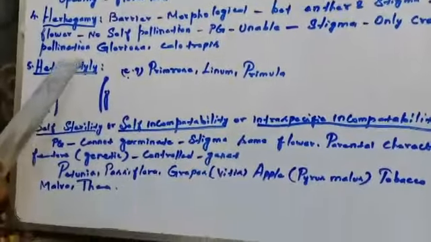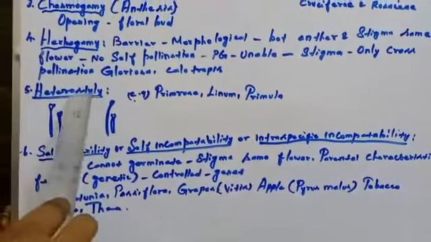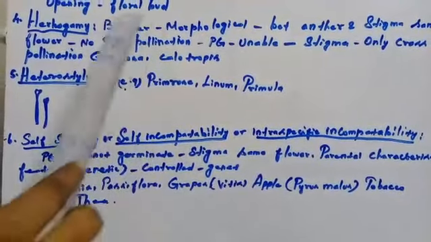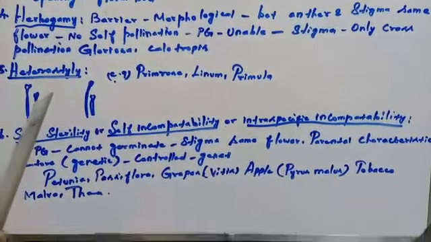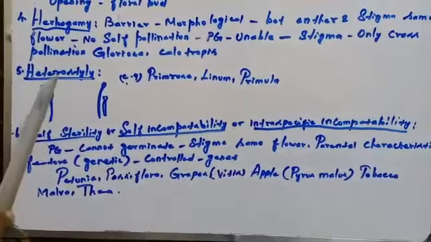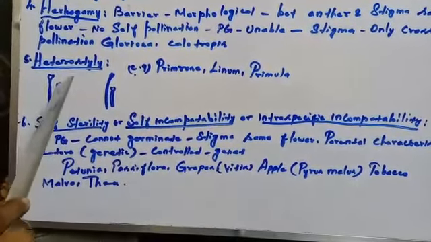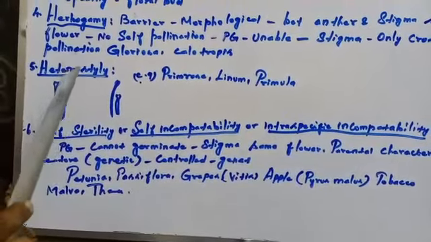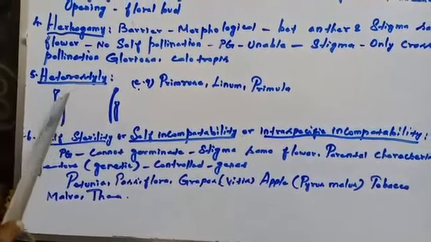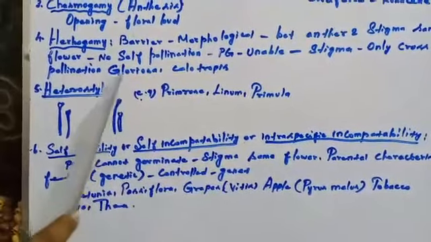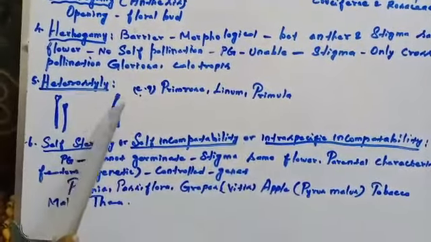Next one is heterostyly. What is heterostyly? That is the difference between the length of the filament of the stamen and the length of the style of the carpel.